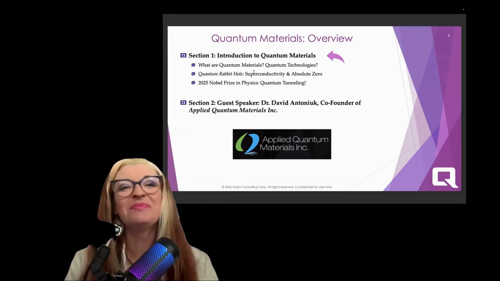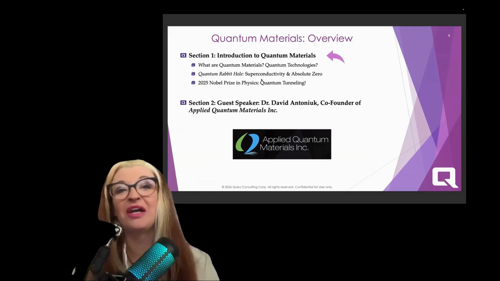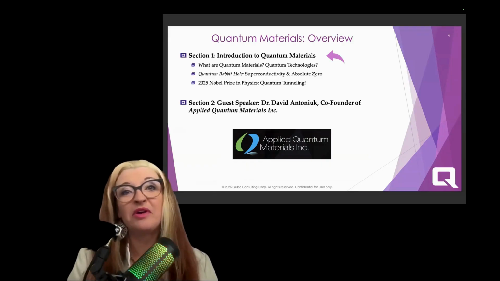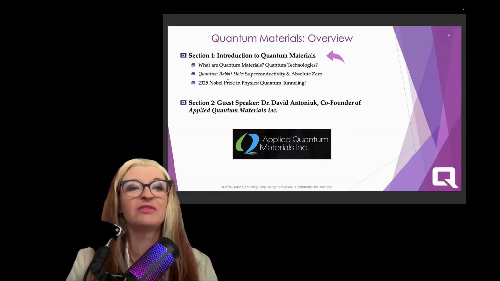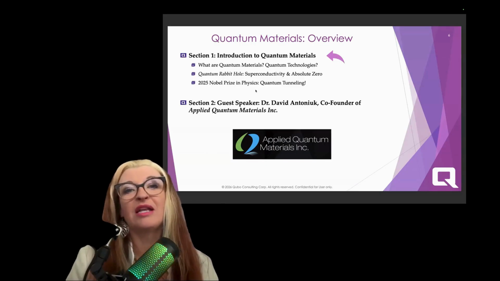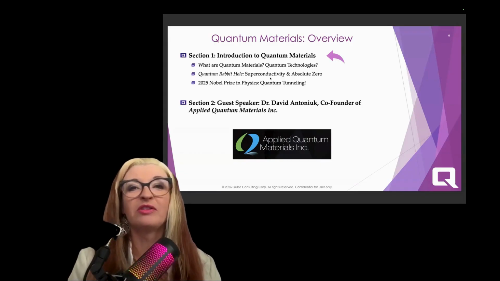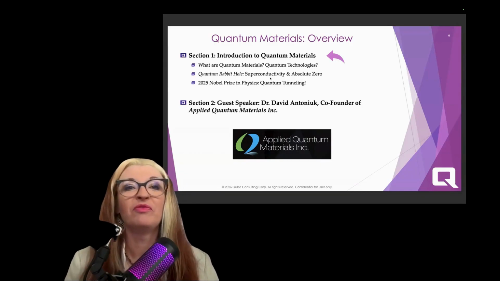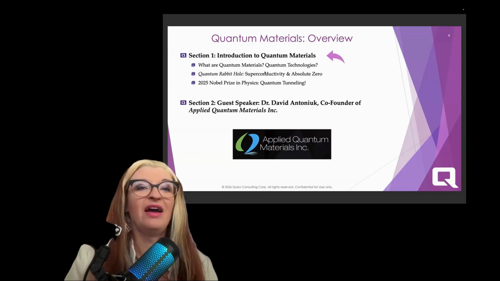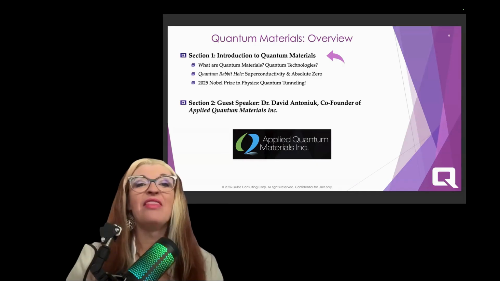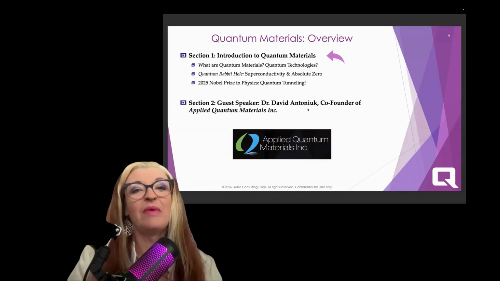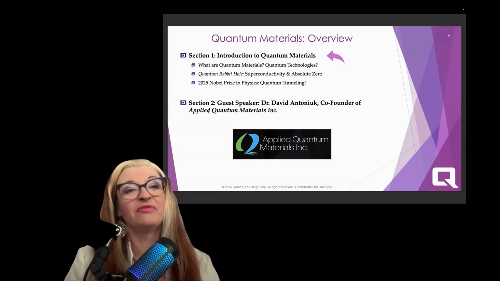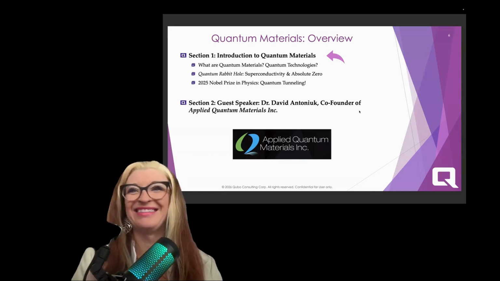So we're going to do a quantum rabbit hole into what is superconductivity, absolute zero, and also the topic of the Nobel Prize in Physics from last year in 2025, quantum tunneling. These are all connected to these fancy materials that act weird if, for example, we supercool them. And so, yeah, we're going to talk about that. And then we're going to bring on our guest speaker, Dr. David Antonuk, the co-founder from Applied Quantum Materials.